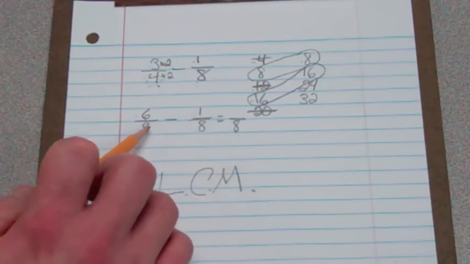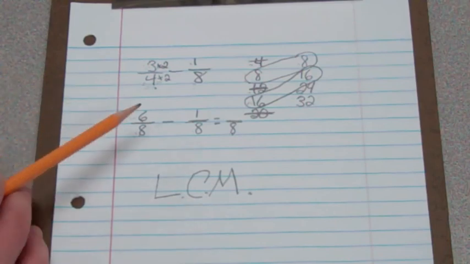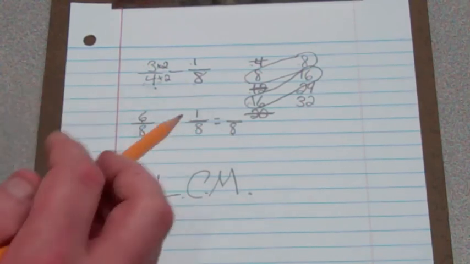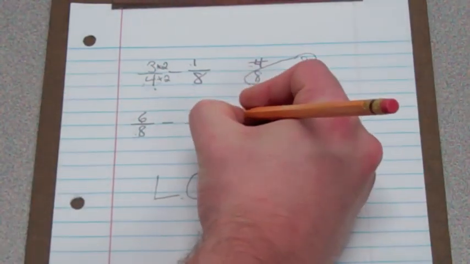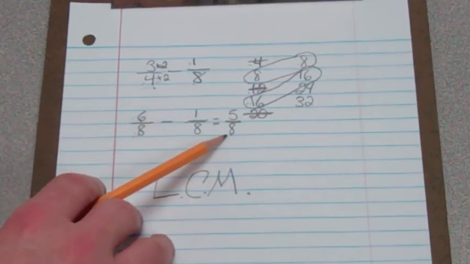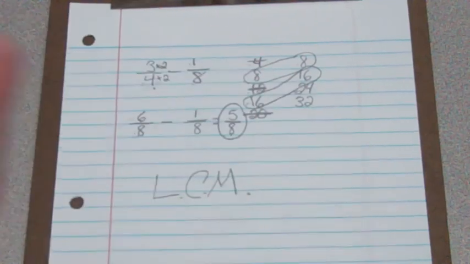That's not how it works. Your denominator must be the same for everything. Now, I have 8 as a denominator. 6 minus 1 is 5. Now I ask myself, can I reduce this? Can I rename this? In this case, I can't. So I'm left with 5/8 as my answer.